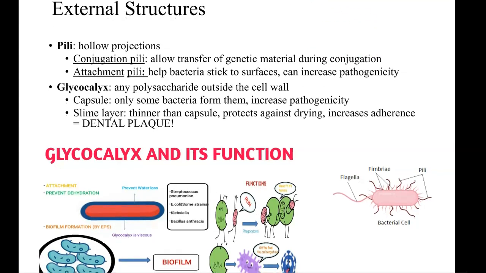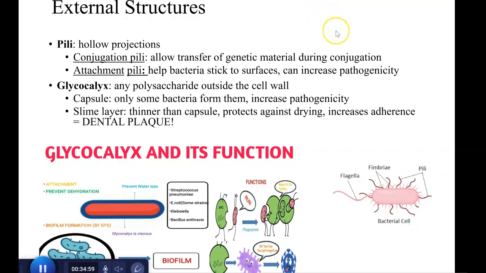Some other external structures. So some bacteria might have pili or pili, however it is that you'd like to say it. These are hollow projections. As we get into our molecular biology chapter, we will talk about how bacteria can actually transfer genetic information. So one bacteria sitting next to another bacteria can actually transfer some genes, like some useful genes, like antibiotic resistant genes.